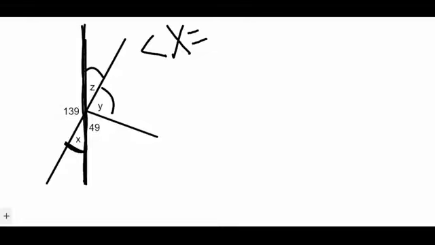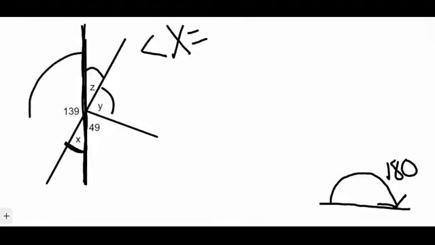And what I know about a straight line is that any straight line or any straight angle is equal to 180 degrees. So if I take this straight line, I know that any angles within this straight angle have to add up to 180 degrees.